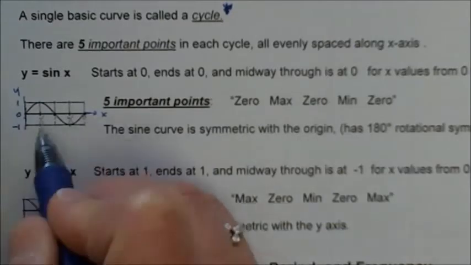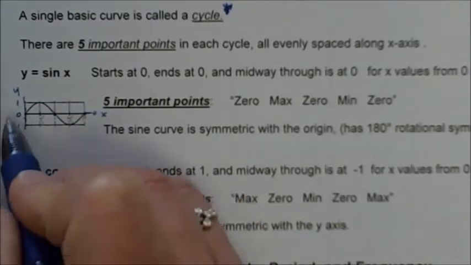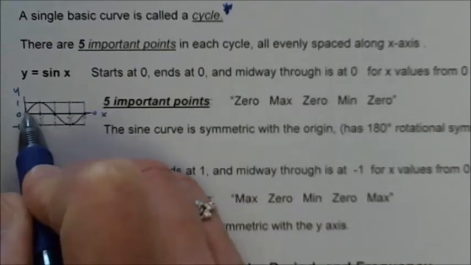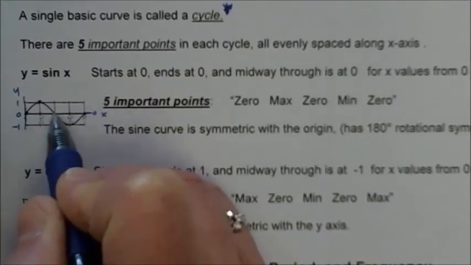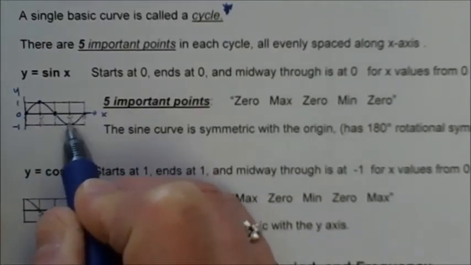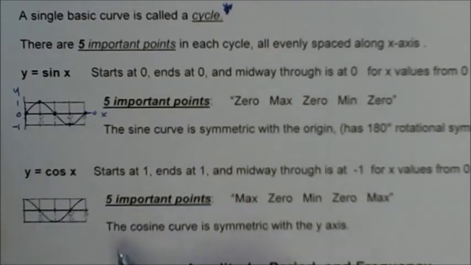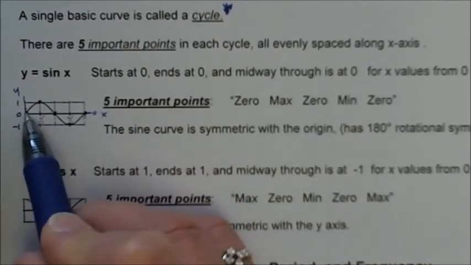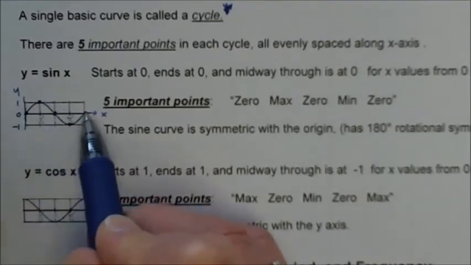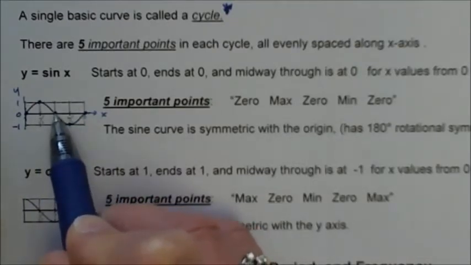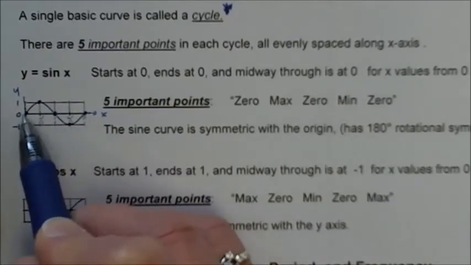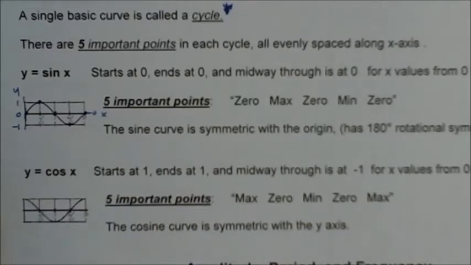So we have here our 5 important points. They go 0, max, 0, min, 0. So again, the sine curve is going to start at 0, one complete cycle going to end at 0, midway between hit 0, and all from the x values from 0 to 2 pi.